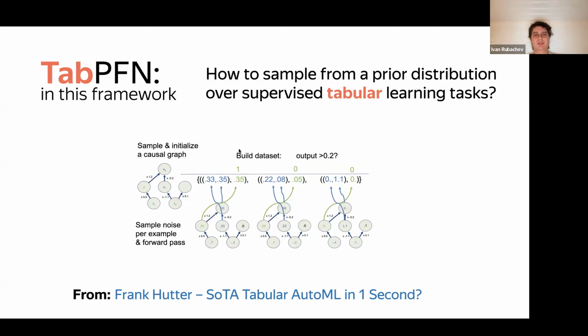So let's have a concrete example. We want to sample one tabular dataset. We have nothing. We have no models, no data to pre-train on. In this example and in training tabular prior fitted networks, we do it with just PyTorch random number generators. For generating a tabular dataset, we first sample a causal graph. You can imagine it as a very sparse neural network also.